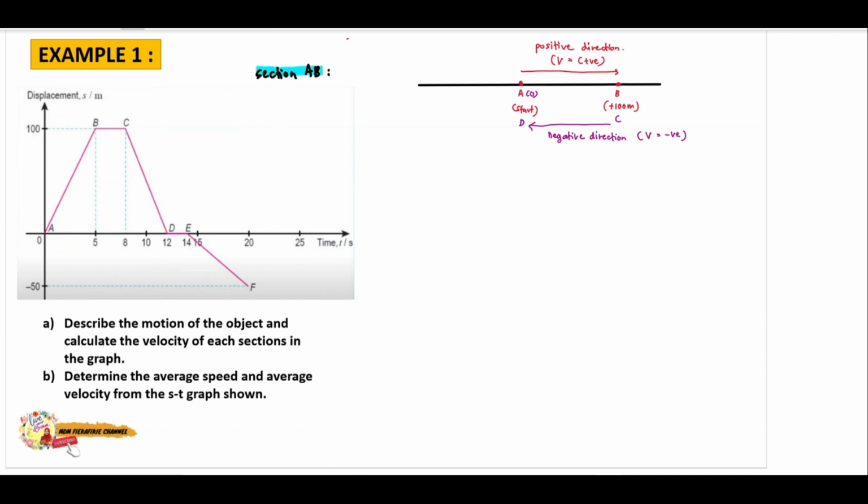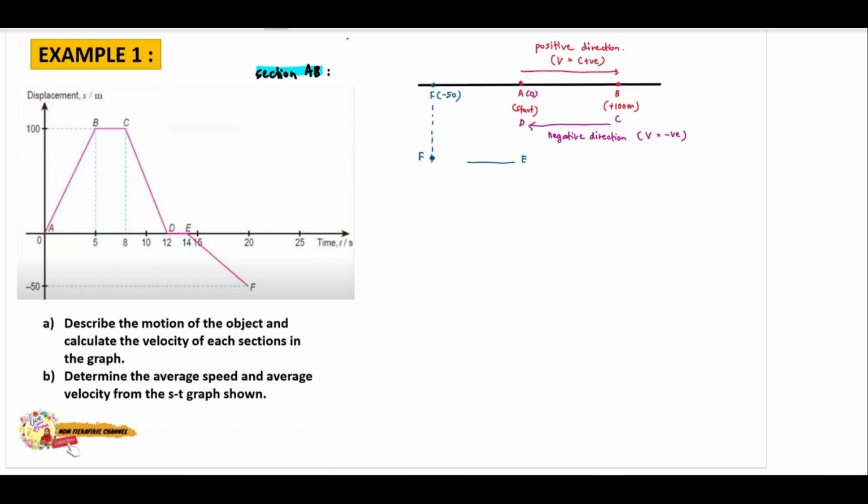Okay, so from D to E, the object stays at this point for 2 seconds, and from E to F, let's say this is point F, which is 0, and here is negative 50 at point F. Okay, so the displacement is negative 50, so ini adalah point F lah.